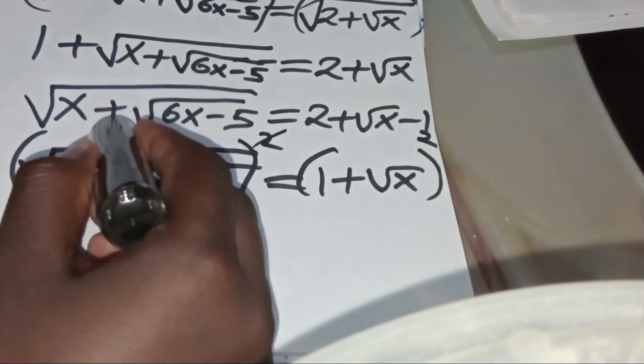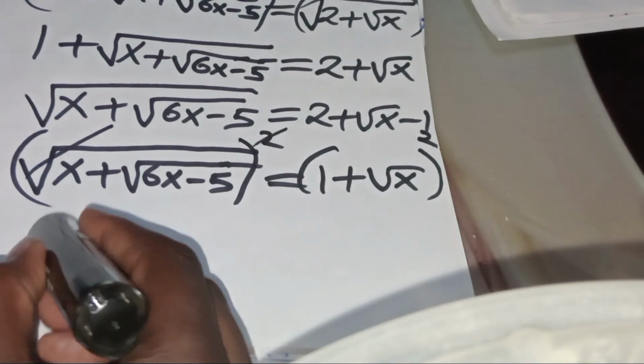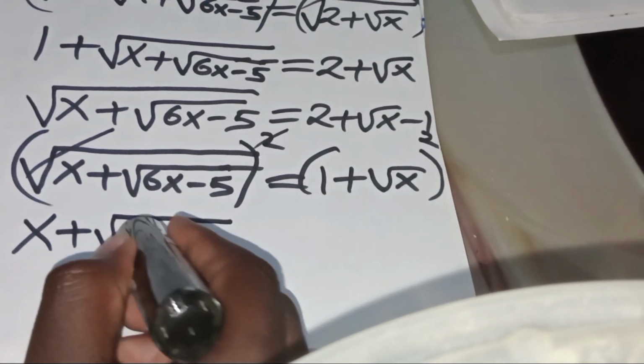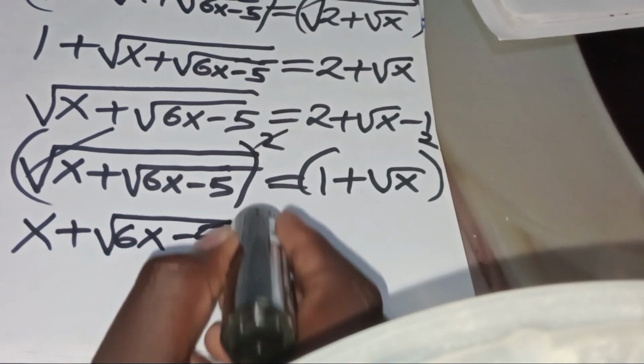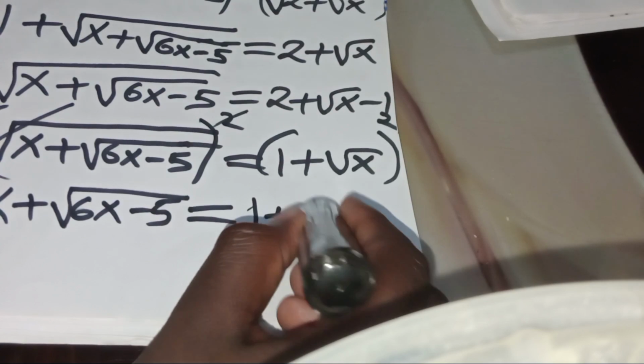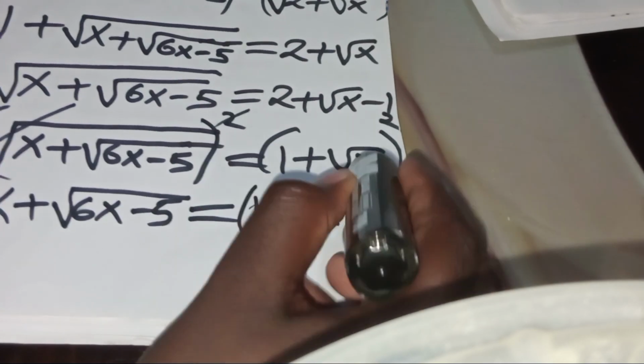we eliminate the first square root sign so that we'll have x plus square root of 6x subtract 5 equal to 1 plus square root of x raised to power 2.